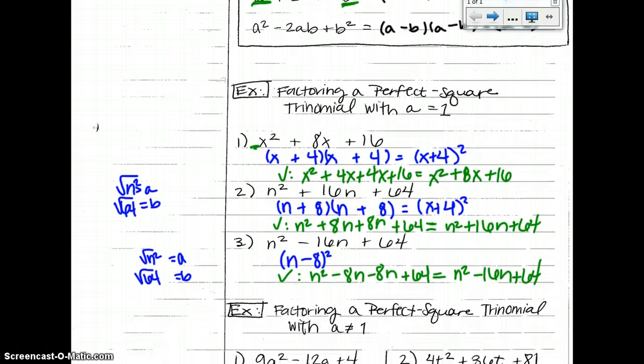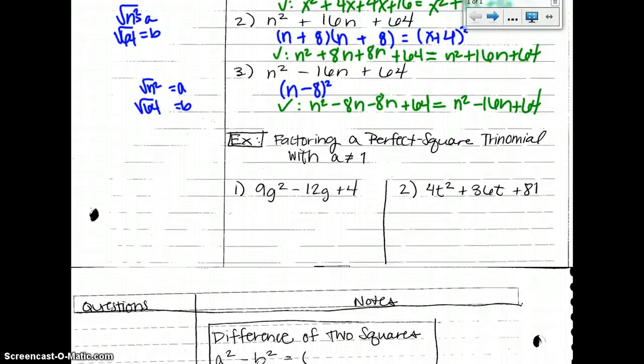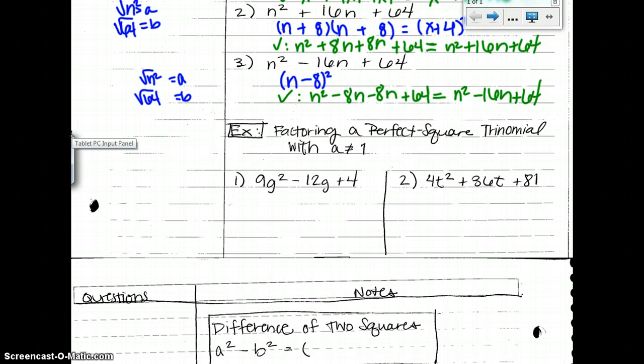And it works. Okay, our next set of examples, we're factoring a perfect square trinomial with a doesn't equal 1. Okay, notice how, right here, we have a 9, so our a is going to be the square root of 9g squared, and the b is the square root of 4.